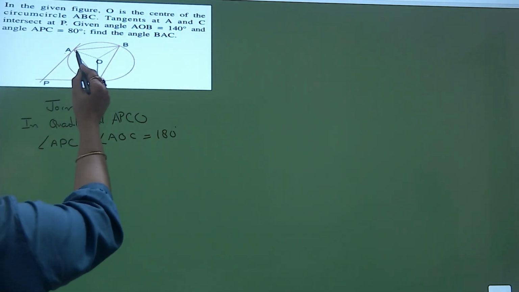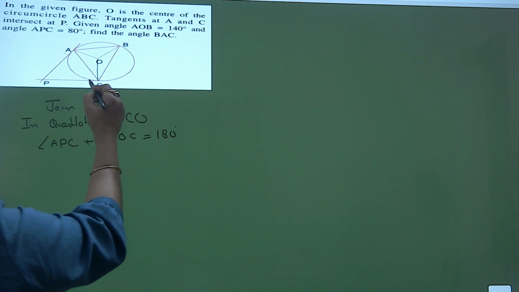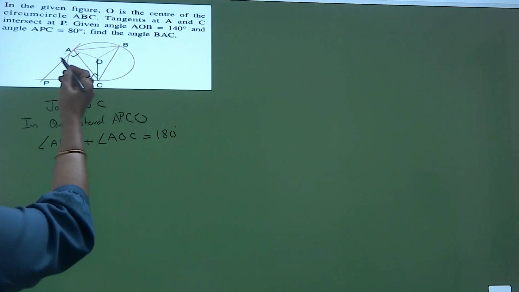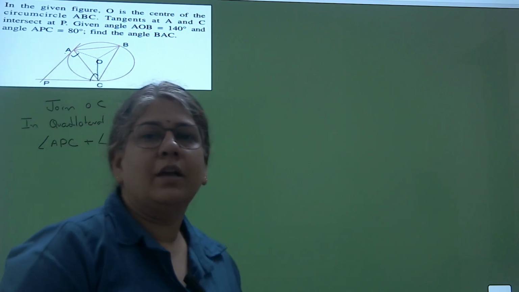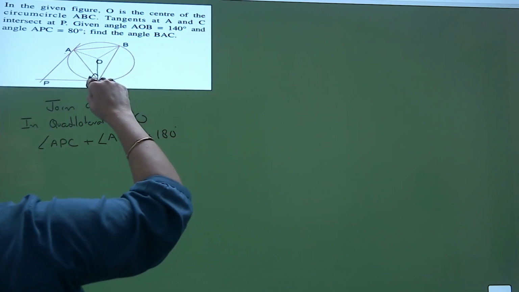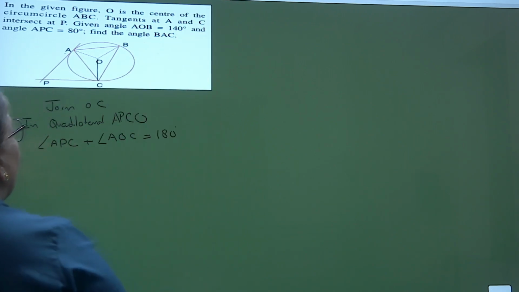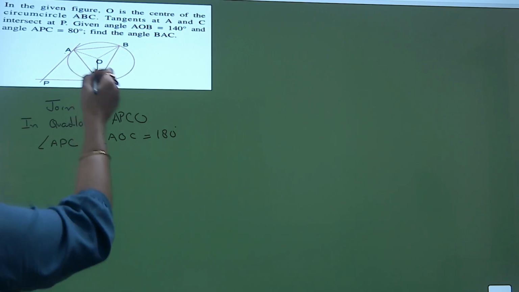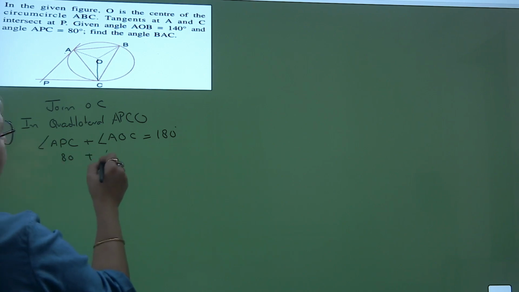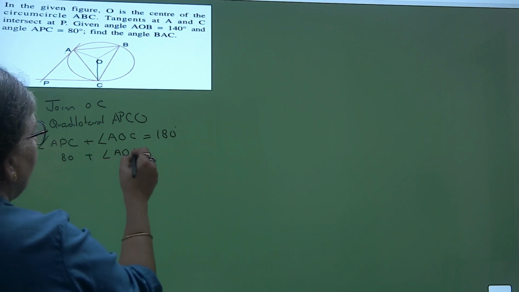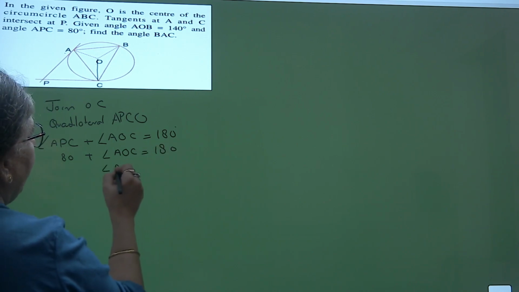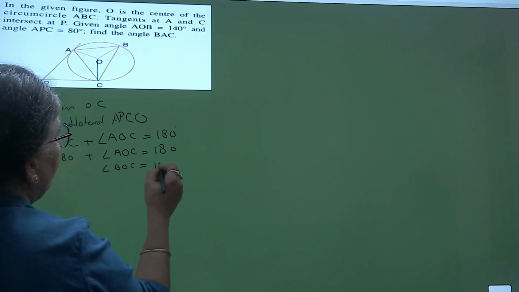Reason being, radius and tangent form 90 degrees. So this angle is 90, this angle is 90, that is 180. So the remaining angles will be supplementary, that is 180. So from here we'll find angle AOC. This is 80 degrees, given angle A. So we get angle AOC is equal to 100 degrees.